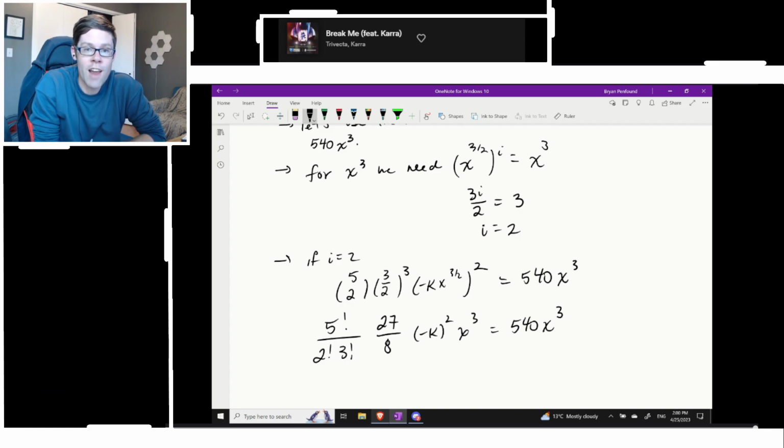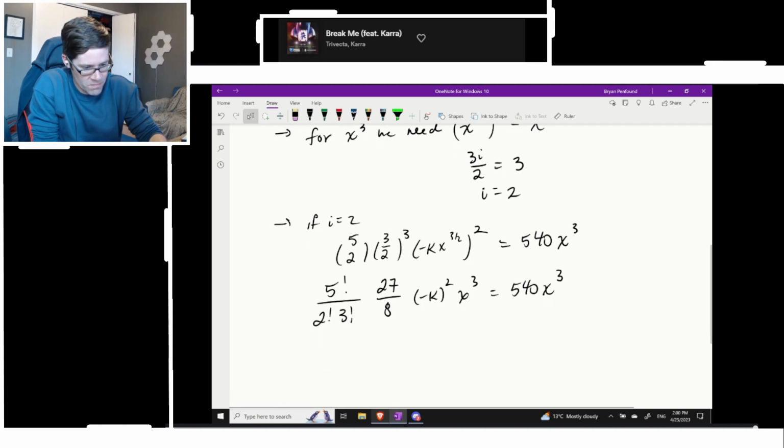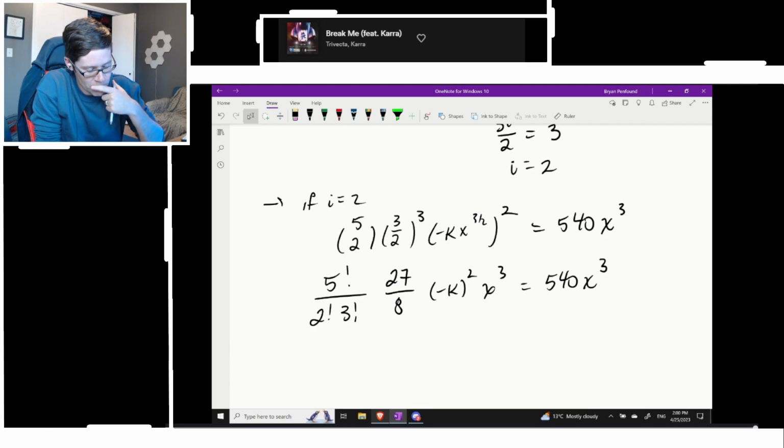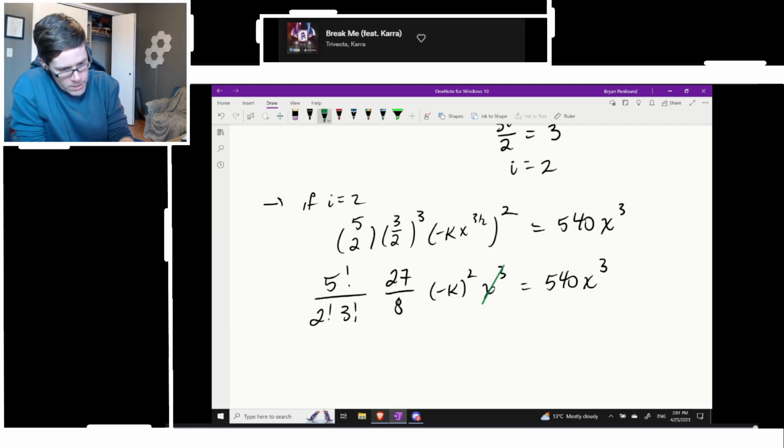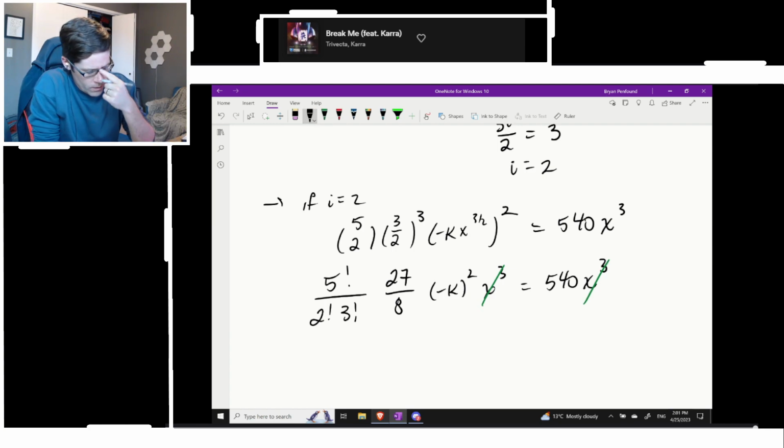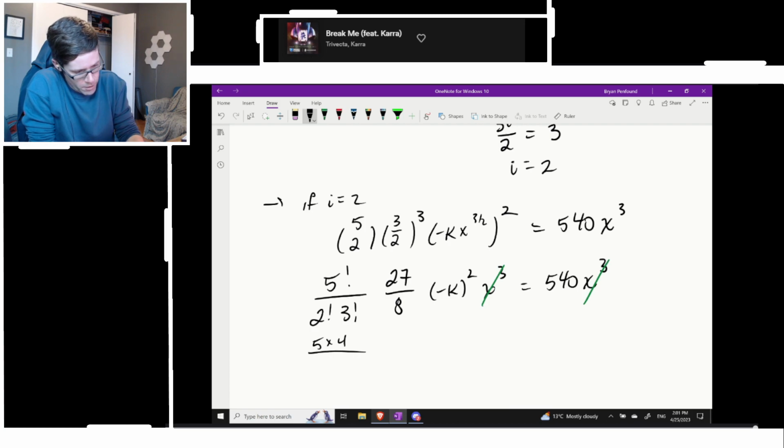Okay, so you are now happy with M and N? So obviously we get the x to the 3's that we need. Here, what do we have? We have 5 times 4. Let's get rid of the 3 factorial.